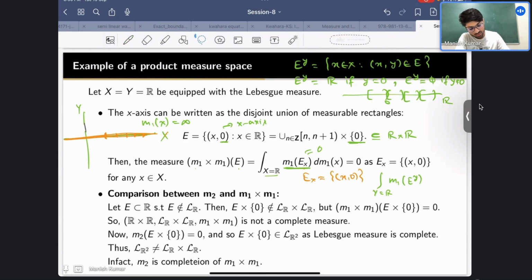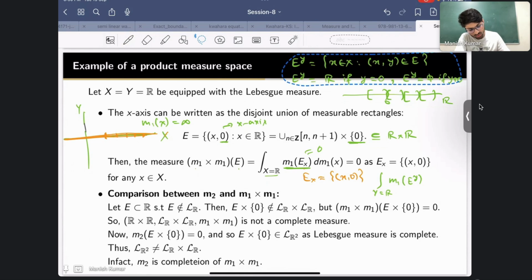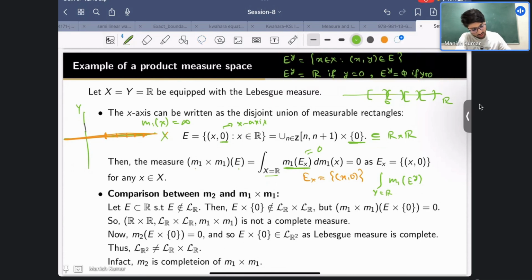Did you understand this one? Okay, so now if you want to integrate this m1 of Ey, m1 of Ey is almost 0, right? At just one point it is taking the value infinity. So Ey is 0 almost everywhere.